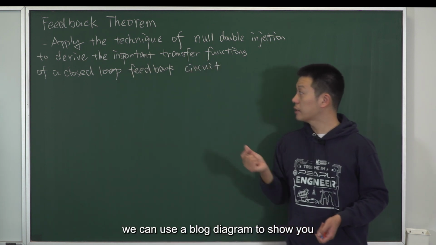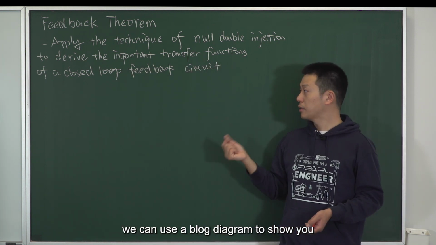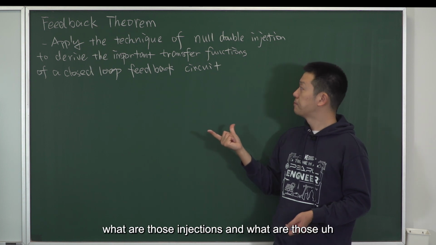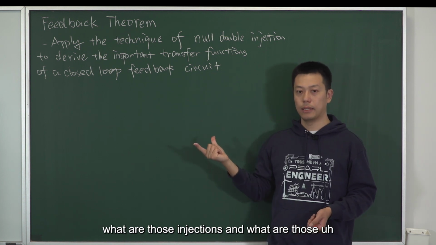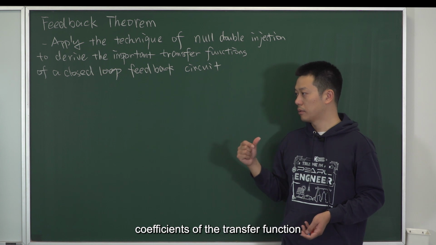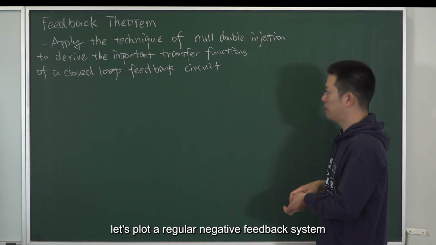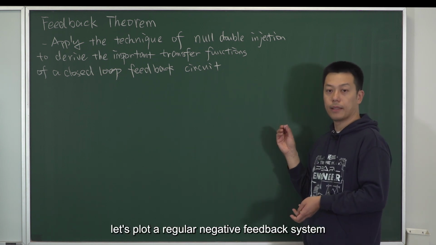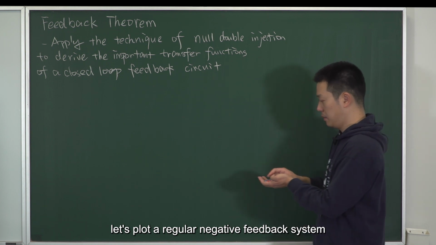So we can use a block diagram to show you what those injections and coefficients of the transfer function are. First, let's plot a regular negative feedback system.